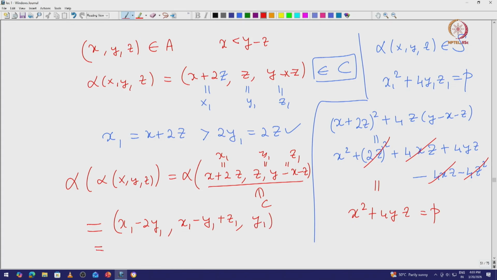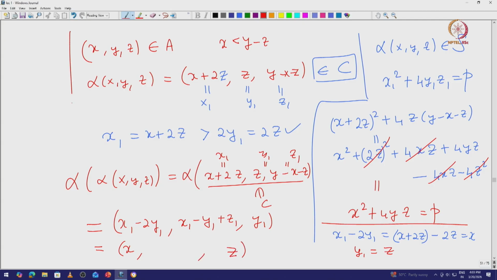So, let us look at it closely and then compute. x1 minus 2y1 is exactly equal to x plus 2z minus 2z, which is x. So, what you got here is x comma. y1 is clear, y1 is exactly equal to z. So, you get z here. So, what is the second coordinate?